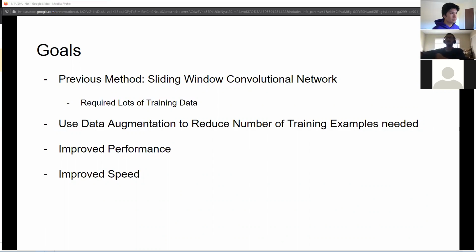And with biomedical imaging specifically, one of the major issues is that it's really difficult to get this huge mass of training data to create a network. So what they did was they used data augmentation methods to reduce the number of training examples needed. And then they also improved the performance relative to the previous approach and improved the speed. So those were the contributions of the paper.